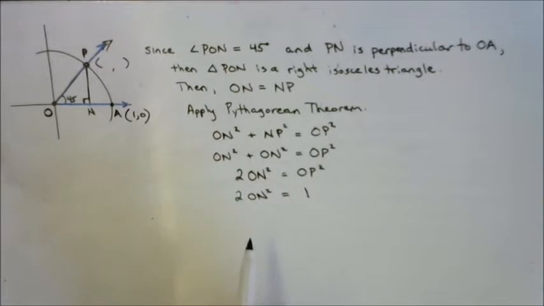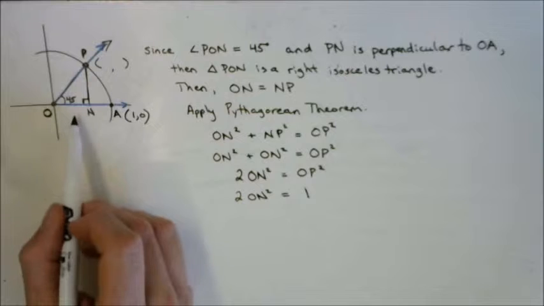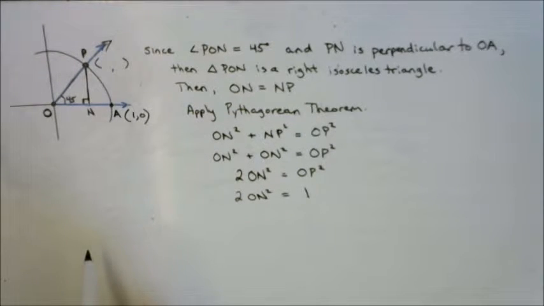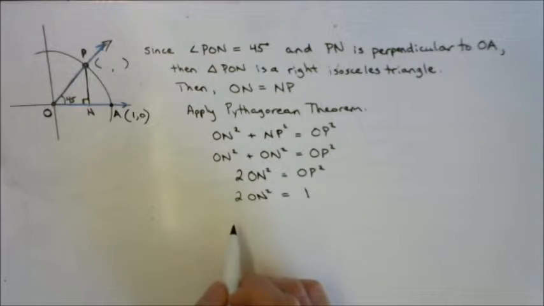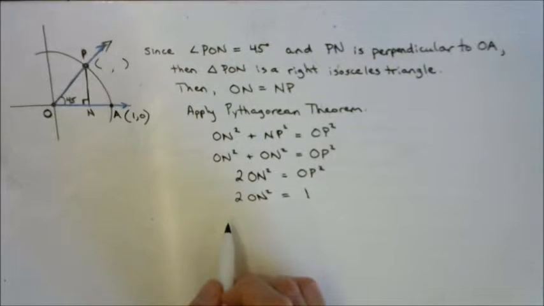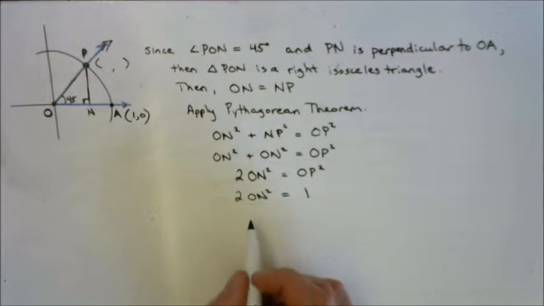Okay, so how do I get the length of ON in order to get my x coordinate for the point P? Algebra. How do we get ON by itself? I have to do the same thing to both sides, yep, but I'm not going to do any subtraction. I'm going to divide both sides by 2.